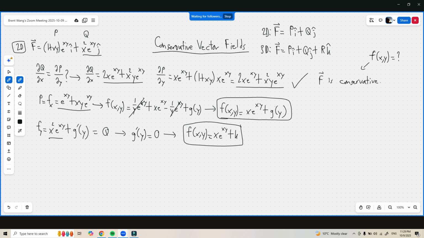Now, let's say the question asks us to solve the integral over C of F dot dr, where C is the curve given by r of theta equal to cos theta, 2 sine theta, and theta goes from 0 to pi over 2.